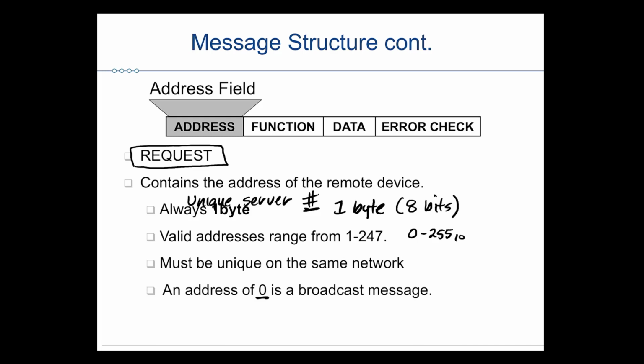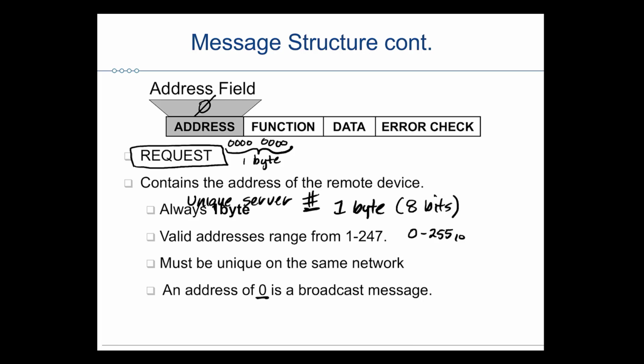If you were to put an address 0 in the address field, made up of 8 bits, it would look like 00000000 as 8 bits in that address field to give you a total of 1 byte. You would be sending what's called a broadcast message.